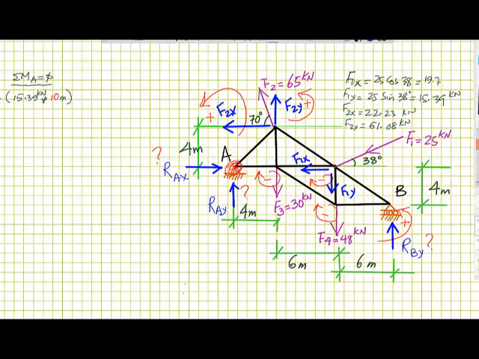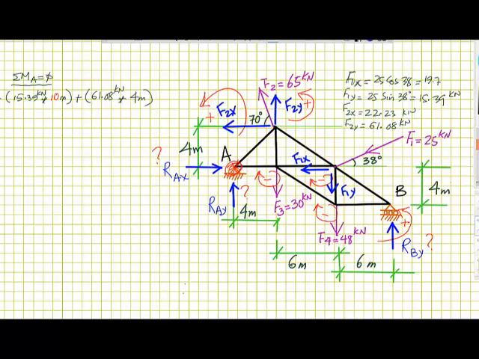Then F2y is positive, plus, and the value for F2y is equal to 61.08 kilonewton, and the perpendicular distance between F2y and this point is 4 meters.